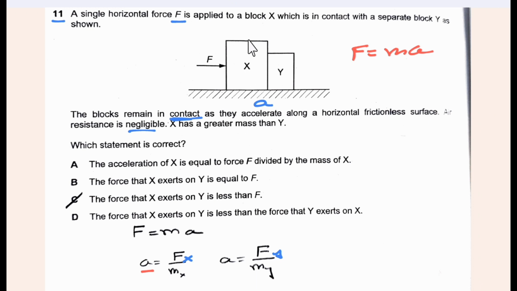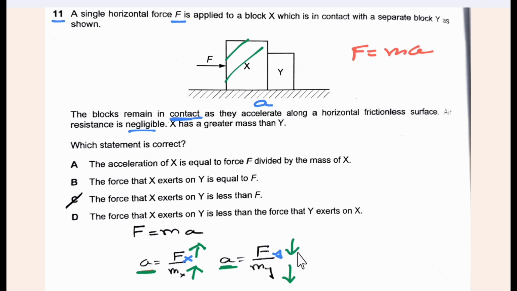We know that the mass of X is more, and the acceleration remains constant since they are in contact. So they have the same acceleration. Since the mass of X is more, the force on X is more to make the acceleration constant. Since the mass of Y is less, the force on Y is also less.